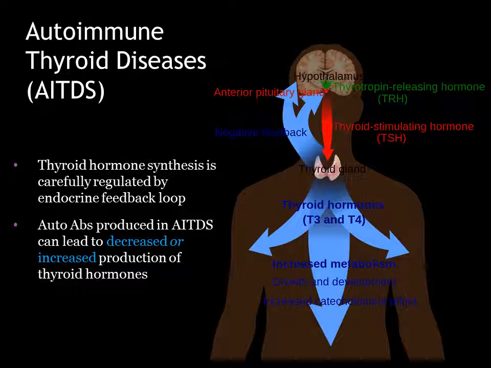But what I want you to focus in on right now is that it is highly regulated by this endocrine feedback loop. And because of that, thyroid disorders can lead to either increased production of thyroid hormones or decreased production of thyroid hormones.